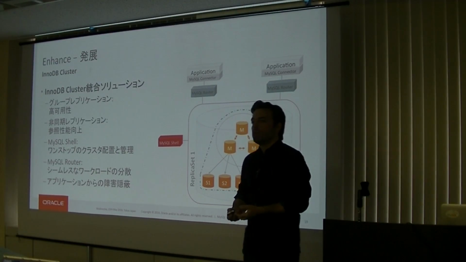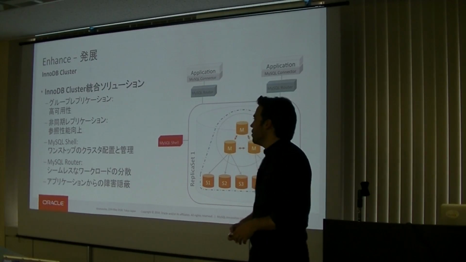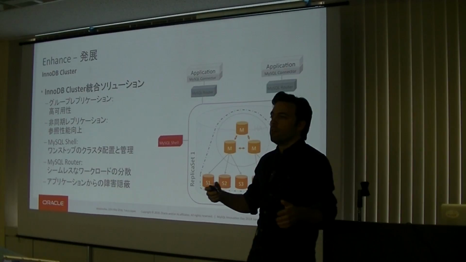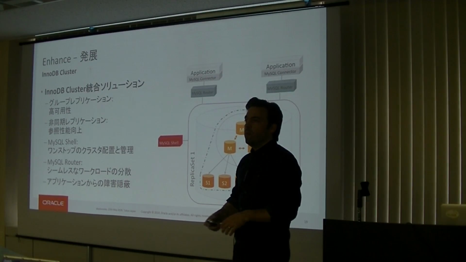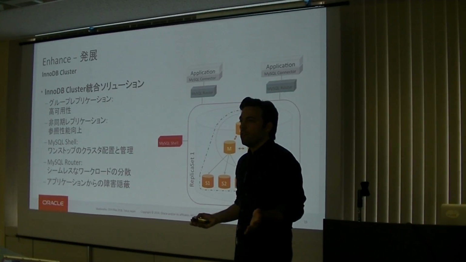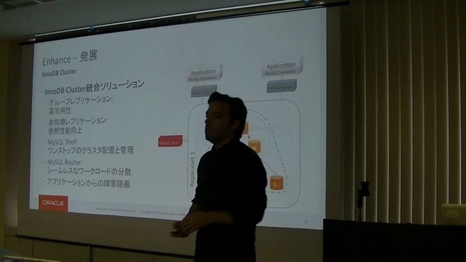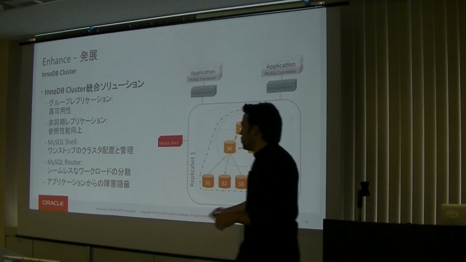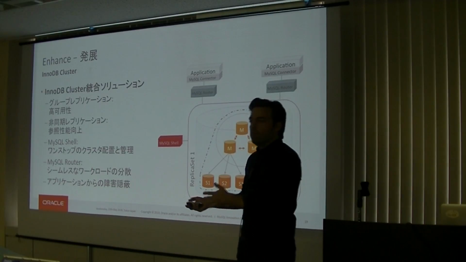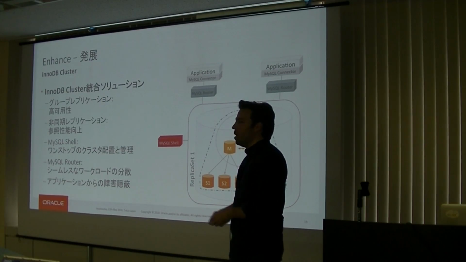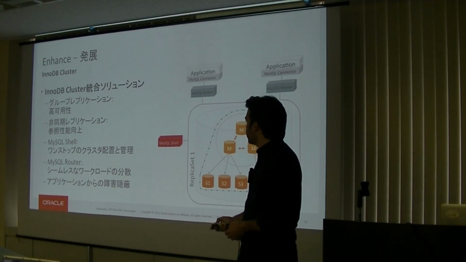So things are much more transparent to the application, because the router will take care of that. The router will take care of which server we are writing to, which servers are in the group, and the application doesn't have to know any of this. The entry point to the cluster is then the MySQL router, which is aware of everything that's happening here, and doesn't bubble up this information to the application, so the application doesn't have to deal with it.